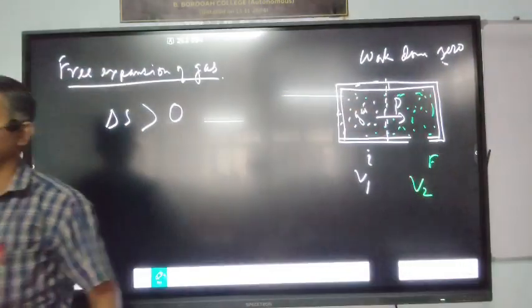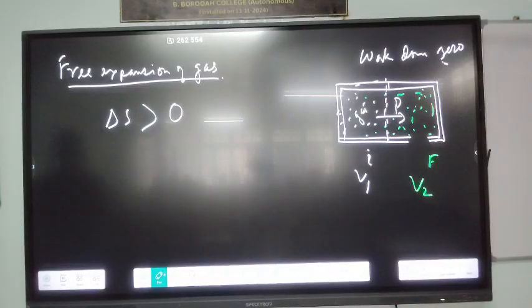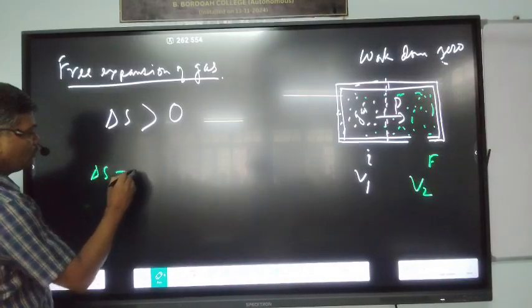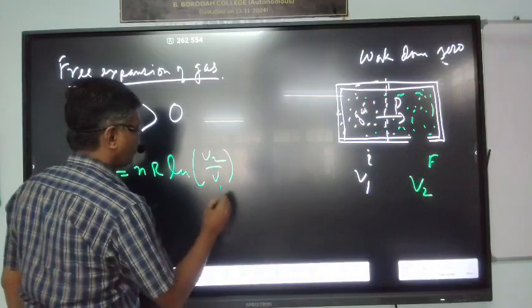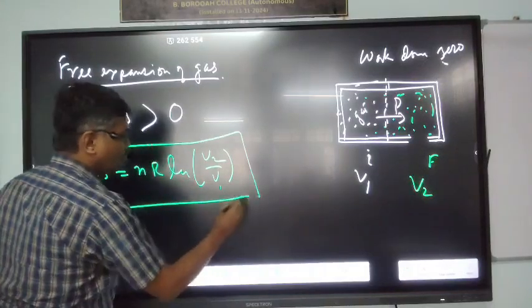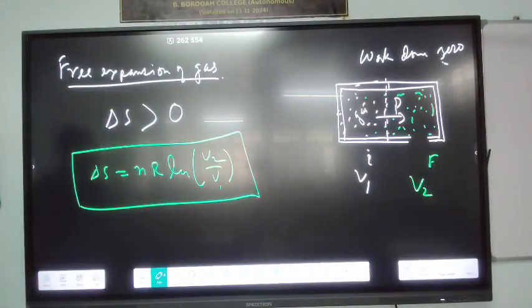So the change in entropy formula will be del S equals nR ln of V2 by V1. So this is the expression for change in entropy in case of free expansion of gas.